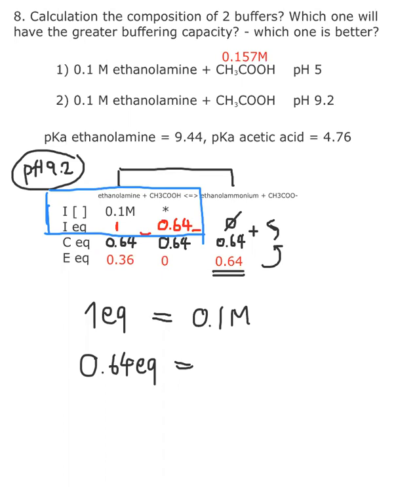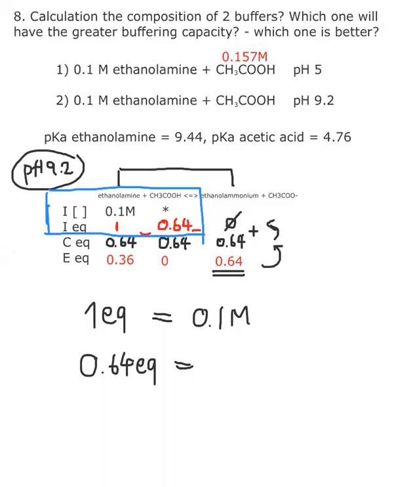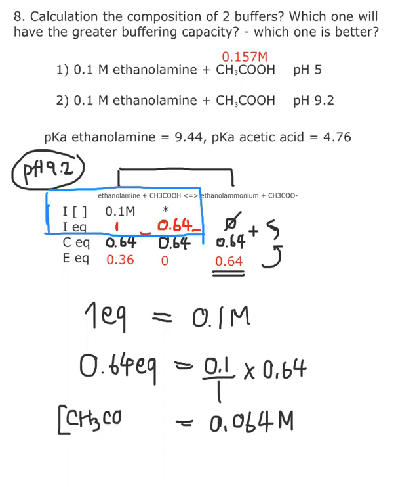So to solve for this, 0.64 equivalence would equal 0.1 divided by 1 and then times 0.64, right? And this would equal 0.064 molar. So the concentration of the acetic acid at the initial state equals 0.064 molar.